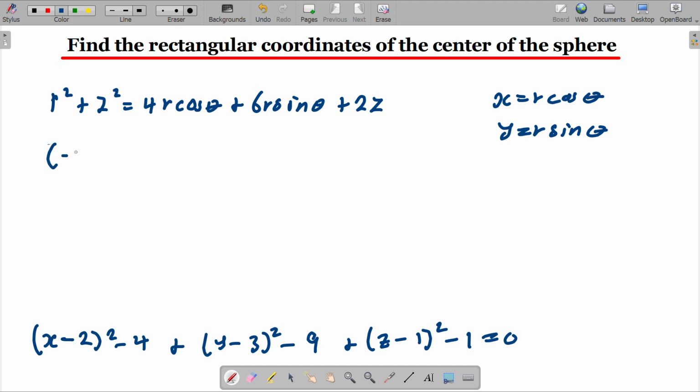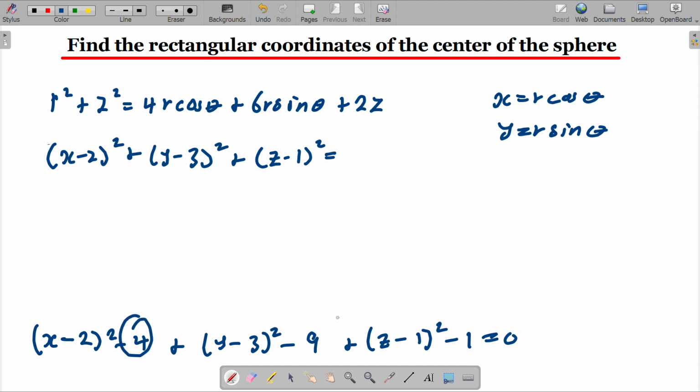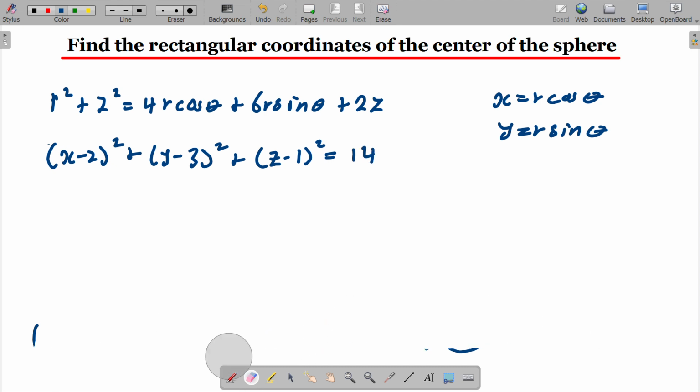So we have x minus 2 squared plus y minus 3 squared plus z minus 1 squared is equal to, when you say minus 4 minus 9 is minus 13, minus 1 is minus 14, but when it goes to the other side it becomes positive 14. So this is basically our sphere.